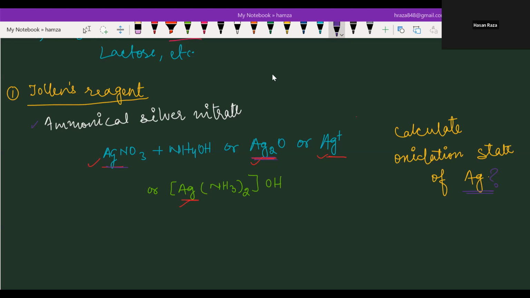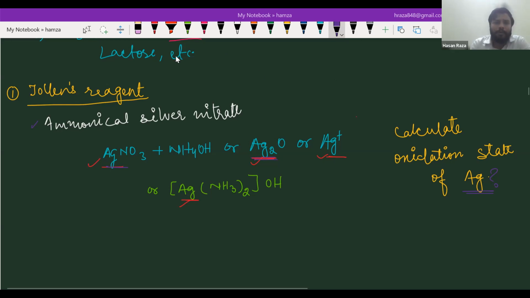See, the first compound you can see is basically AgNO3. You know what this NO3 exists as? Nitrate ion, NO3 minus. So I'm going to take this as -1. First of all, we need to calculate the oxidation state of Ag.